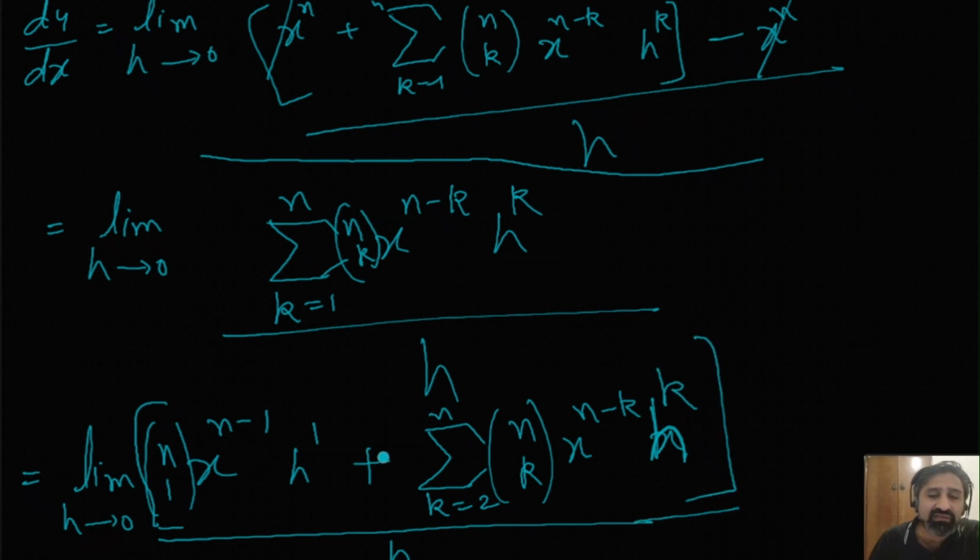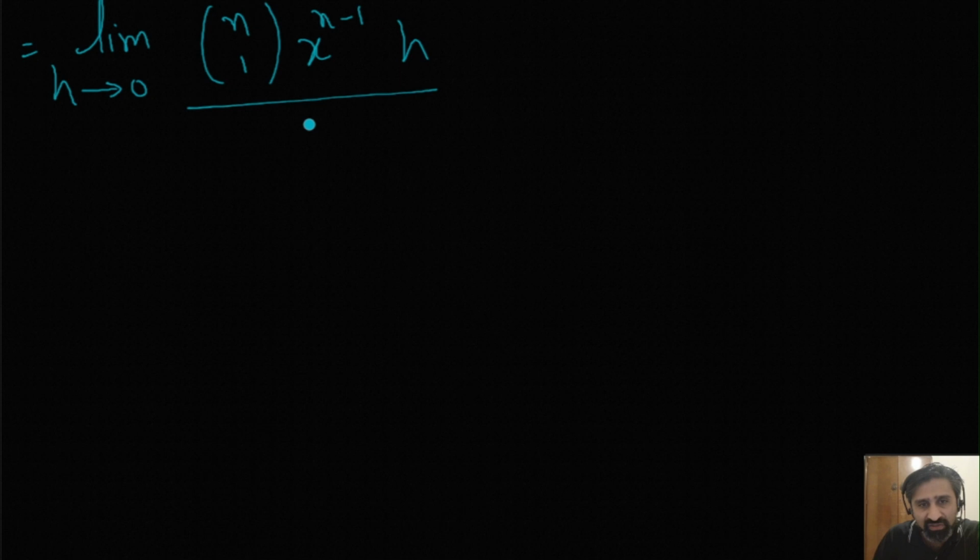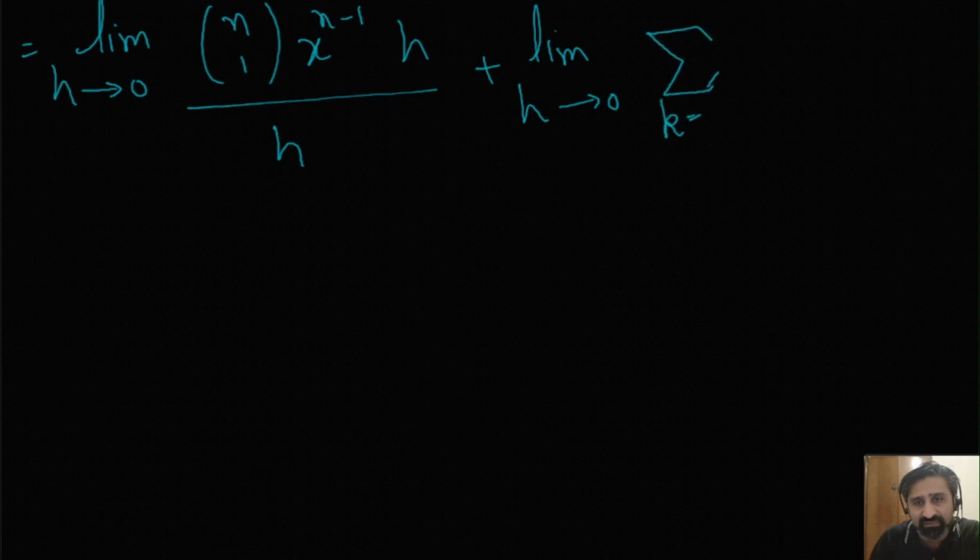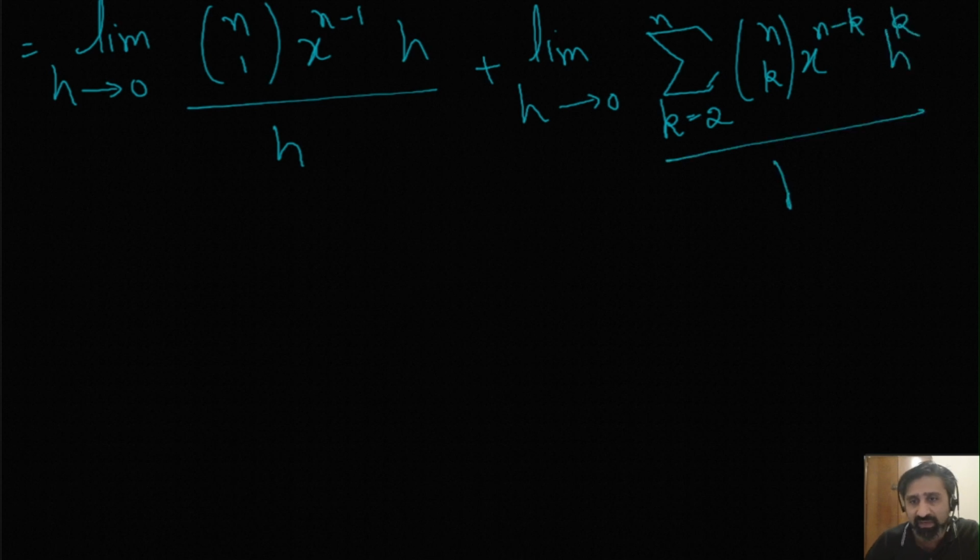That is how it looks. Now let us write it out. Limit h tends to 0, n choose 1 x to the power of n minus 1 h by h, plus limit h tends to 0, and we have summation k equals 2 to n, n choose k x to the power of n minus k and h to the power of k divided by h. Very good.